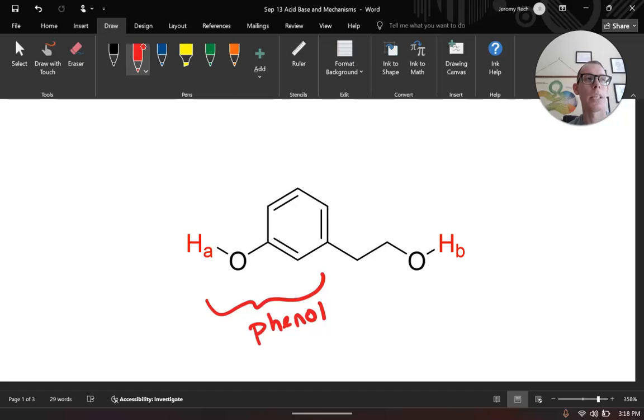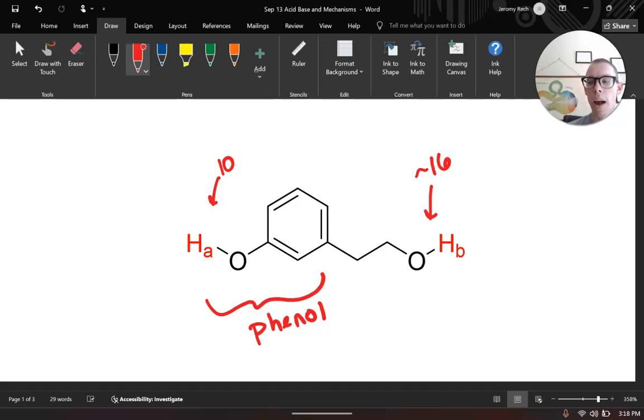You'll also sometimes see phenolic describing those alcohols directly connected to a benzene ring. So the phenolic compounds are going to have a lower pKa than that of your normal alcohol. Your normal alcohol, we'll say, is around 16, whereas your phenolic one is around 10.